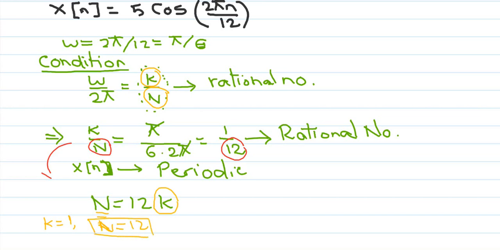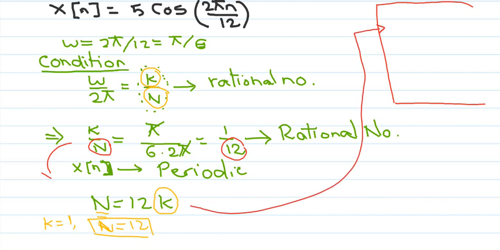Clear? Just a small explanation more, to clarify. Sometimes, for example, in this particular situation, you may end up with something like this. I'm not sure, but I'm just giving you an example. For example, you get n equal to 2 by 3 k.